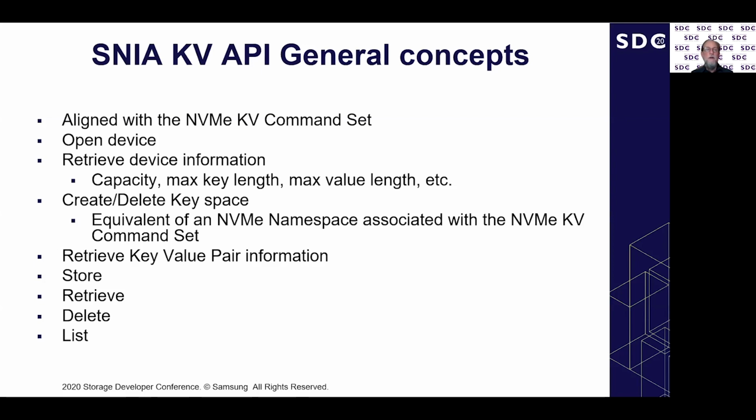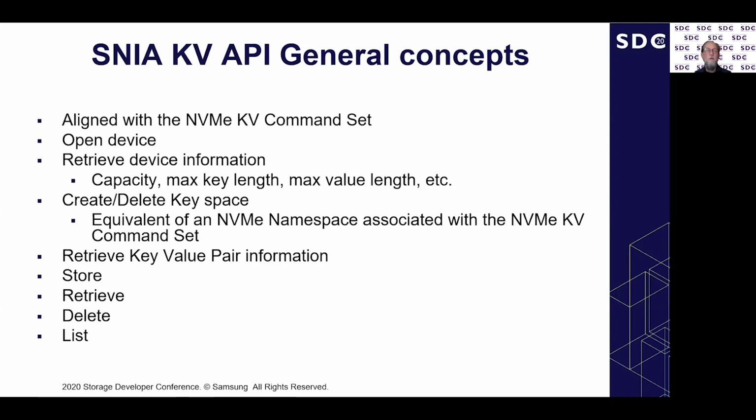Once you've opened the device, you can retrieve device information, which will give you things like capacity, the maximum key length, the maximum value length. You can create and delete key spaces on that device.